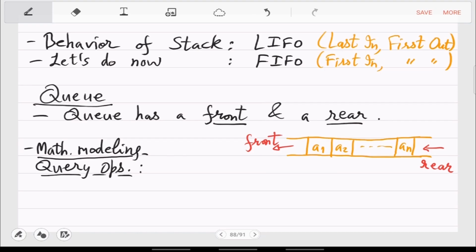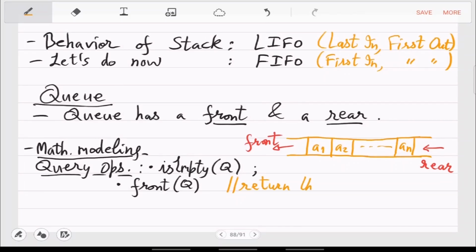You have the usual is-empty function, which checks whether the queue is empty or not, and more interesting is the front function, which tells you, you have to return the value of A1.